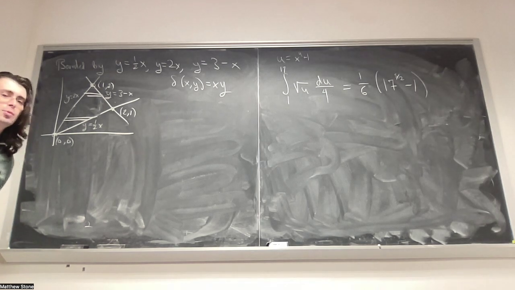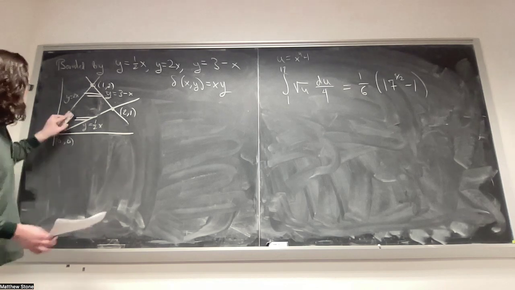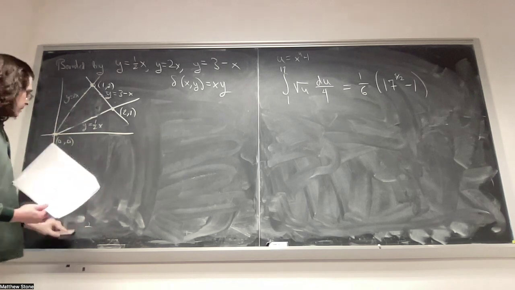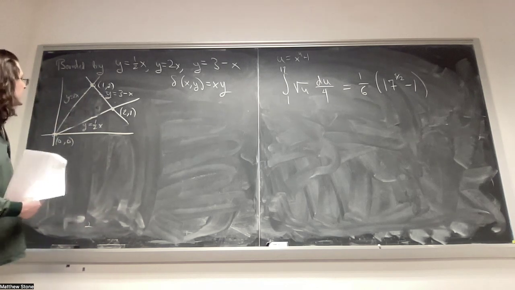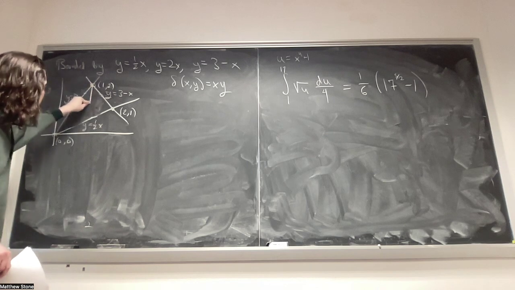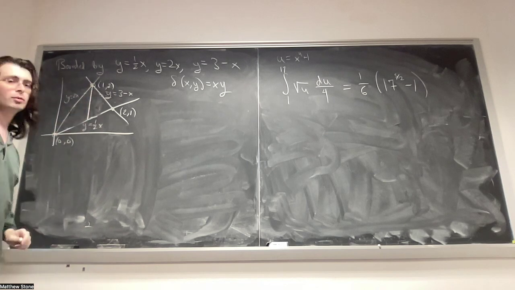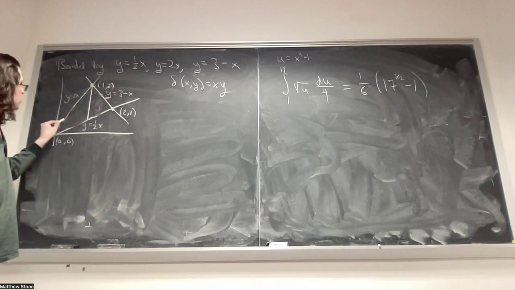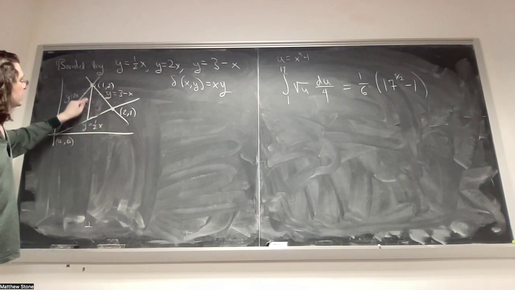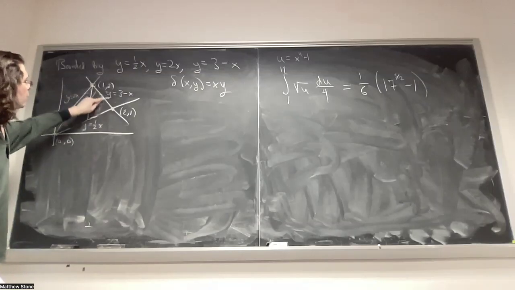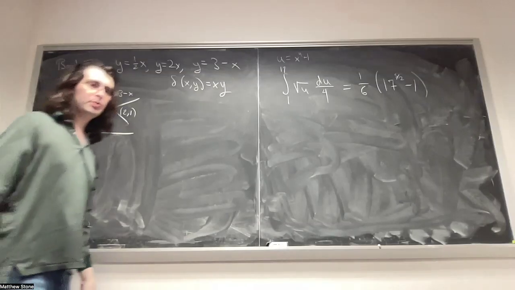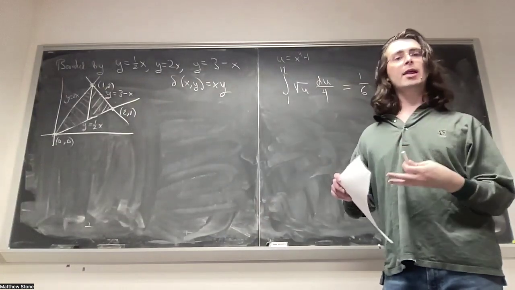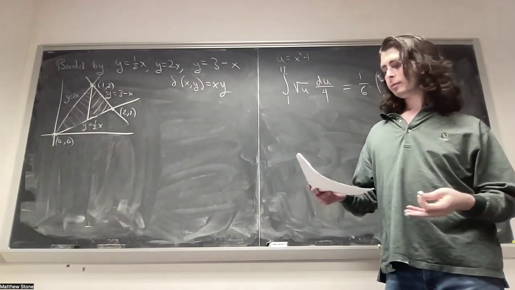Rather than integrating this as one chunk, what we're going to do is split it in two. So now rather than having one triangle, we'll have two. The triangle on the left-hand side and the triangle on the right-hand side. We'll compute the mass of each of those two triangles separately and then put them together to get the mass of the whole.